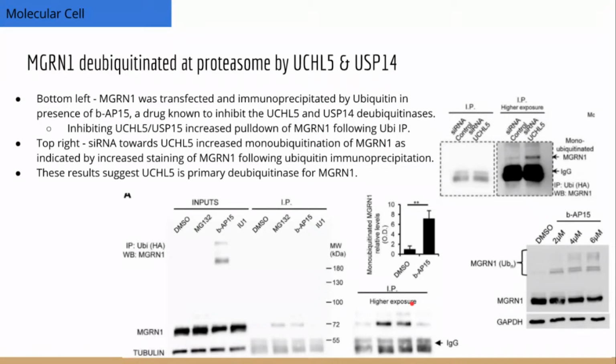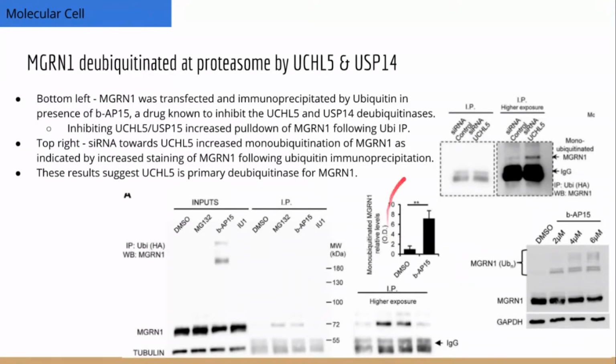So in other words, UCHL5 and USP14 deubiquitinate MGRN1 for either subsequent proteasomal degradation, because it needs to be deubiquitinated before it goes into the proteasome, or it's also possible that MGRN1 is escaping right before it's completely deubiquitinated, when it's monoubiquitinated, and entering the nucleus.